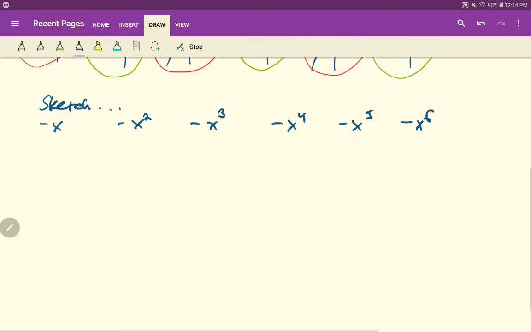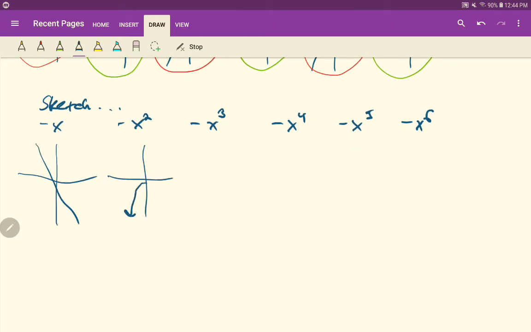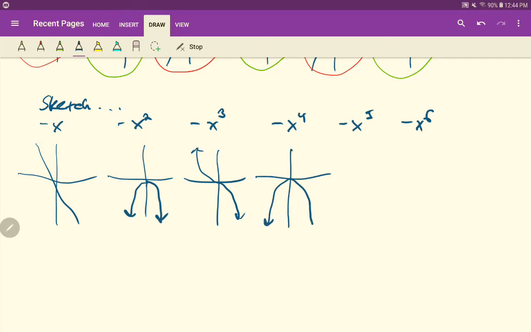Similarly, if we sketch these, you should have gotten something that looks like this, something that looks like this, something that looks like this, something that looks like this, and then negative x to the fifth, and then negative x to the sixth.